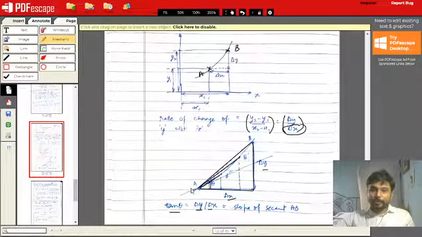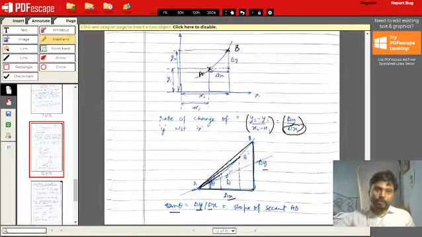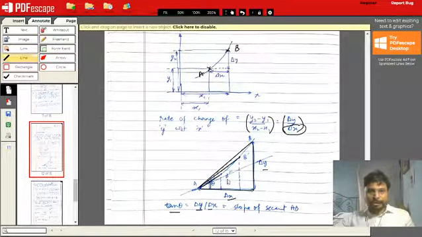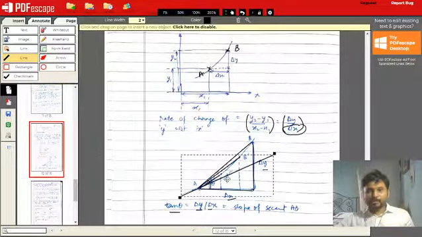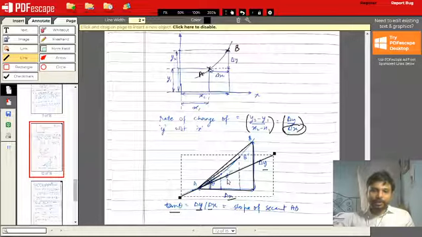So this would be touching this whole curve at a single point, and this new line is called the tangent to this curve. So tangent is actually a line which touches the curve at a single point. Earlier it was touching the curve at 2 points A and B. Now, when we have brought B close to A, the points have come so close that it is touching.